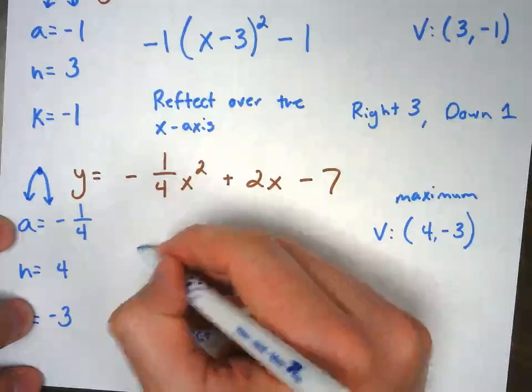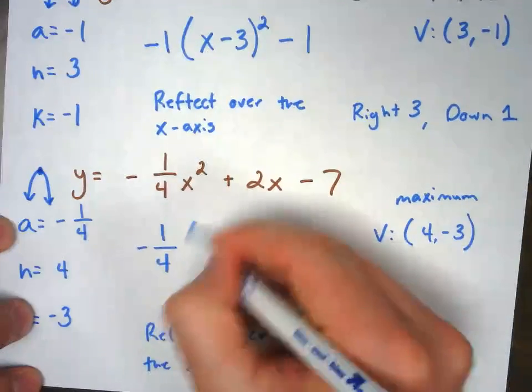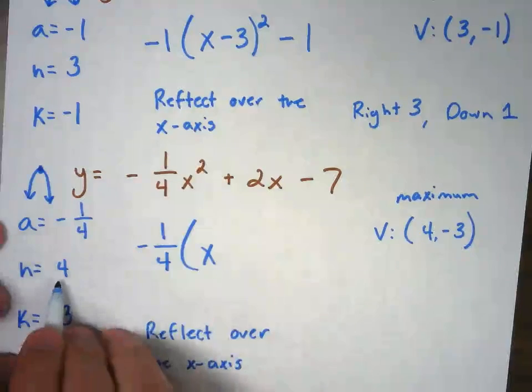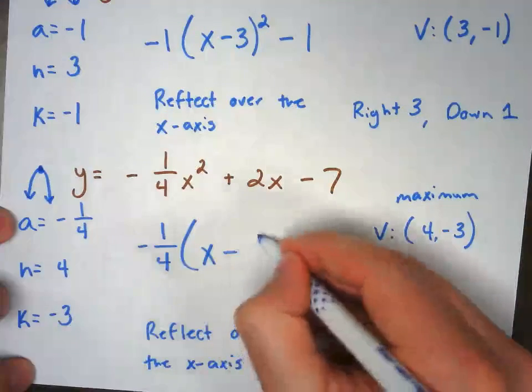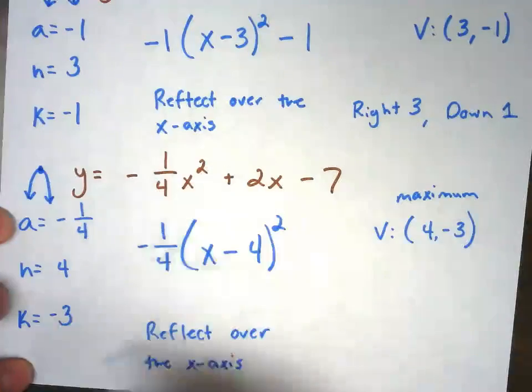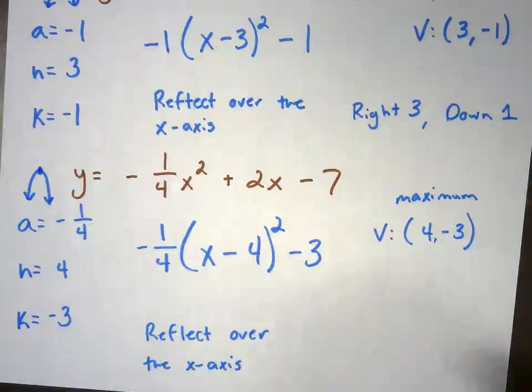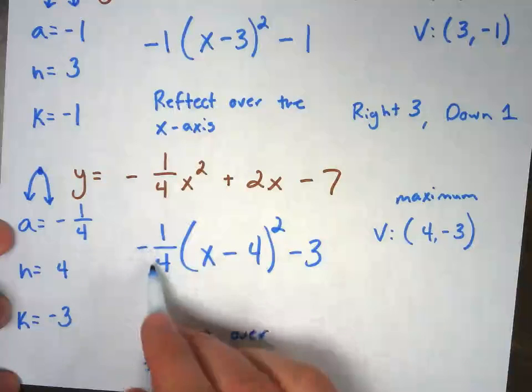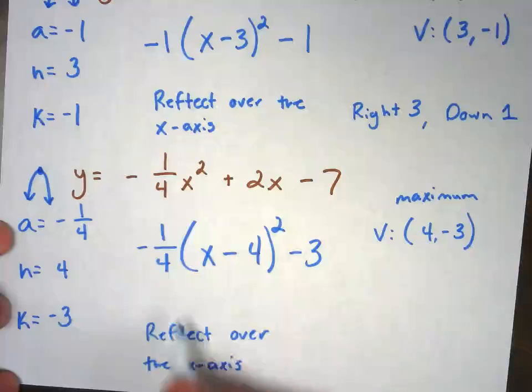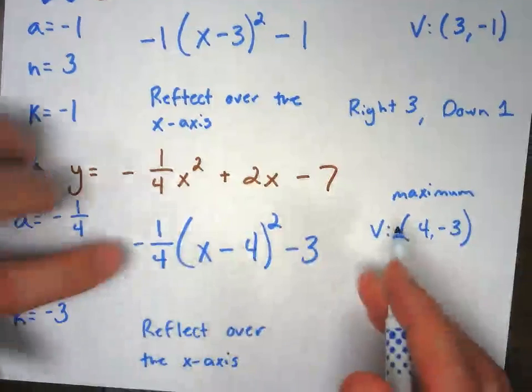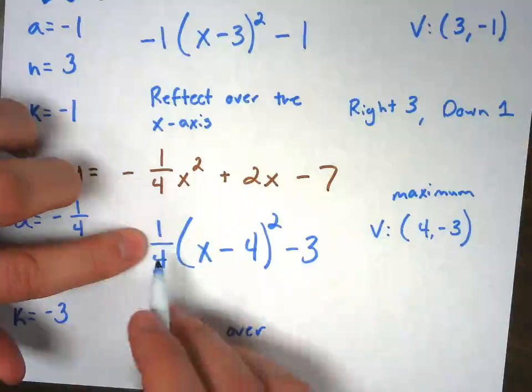Now, when I write this in vertex form, it would be 1 over 4, parentheses, x. That's a positive 4, so we turn it to a minus 4 squared. And then our K is minus 3, so we put minus 3 on the outside. Now, the negative tells us to reflect over the x-axis. What does the 1/4 tell us, though? We're not looking at that negative anymore. We're just looking at the 1/4.